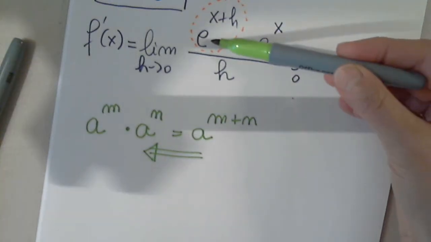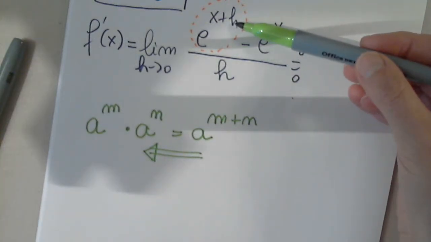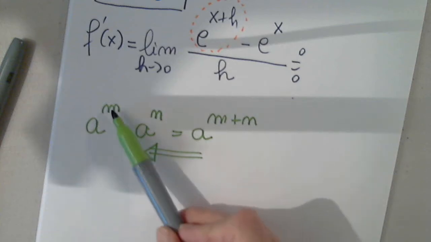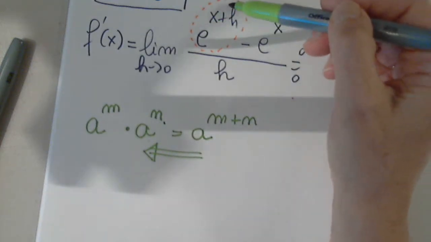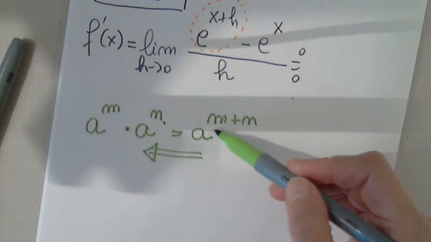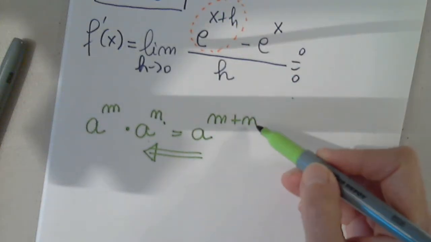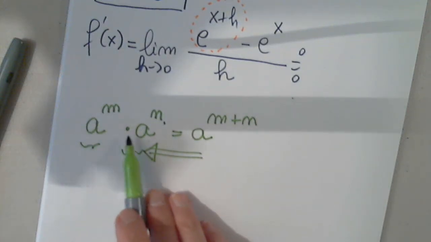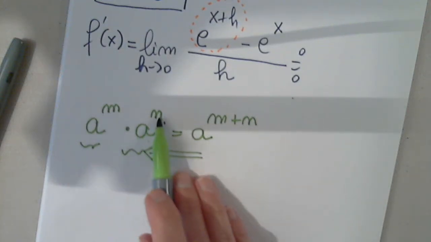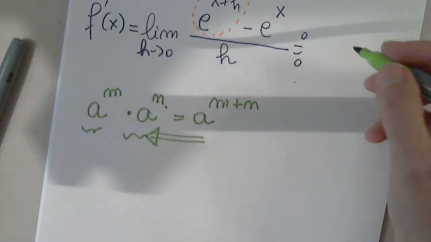So if I see e to m plus n, I should be able to write e to m times e to n, because that's where this is coming from. It's the sum of two exponents. If it's a sum of two exponents, it definitely has to come from a product of e of those two exponents. So that's my next step.